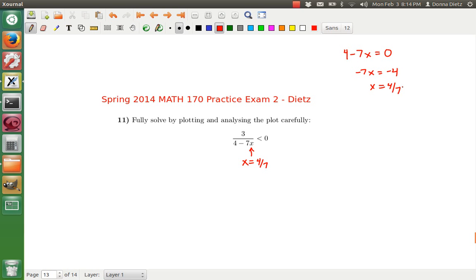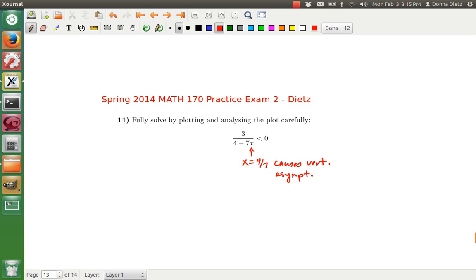X is 4/7. Leave it there if you calculated it, but if you can just look and say, I want 4 minus 4, and so to make 7 times something 4, it has to be 4/7. Either way, you figure out that this causes a vertical asymptote.